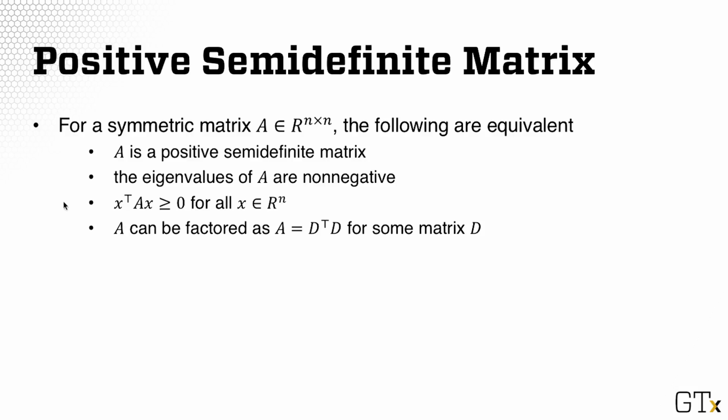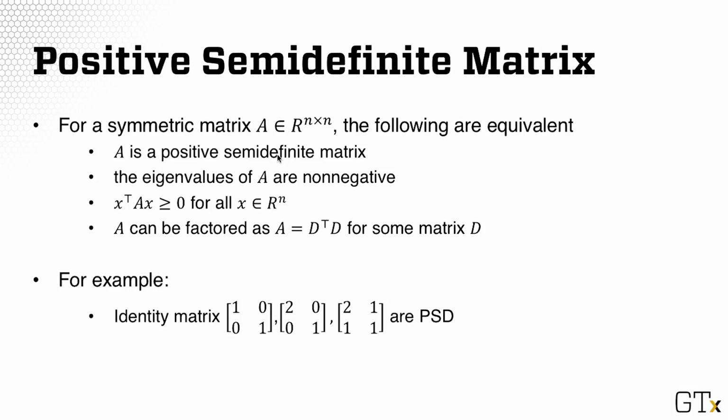Another characterization is that A can be factorized as D transpose D for some matrix D. So if A satisfies any one of these three, then A is positive semi-definite. And vice versa, if A is positive semi-definite, then A satisfies all three. So this is a complete characterization of A being positive semi-definite.